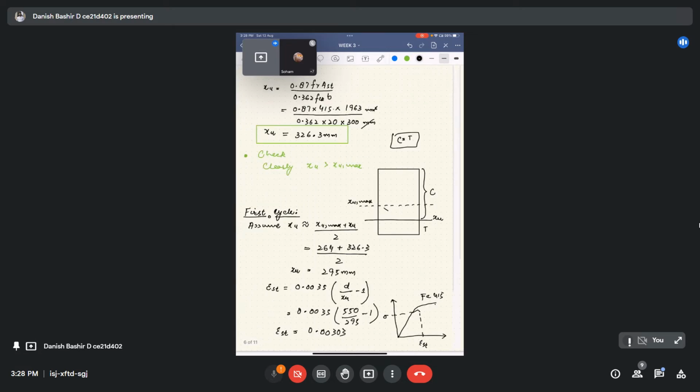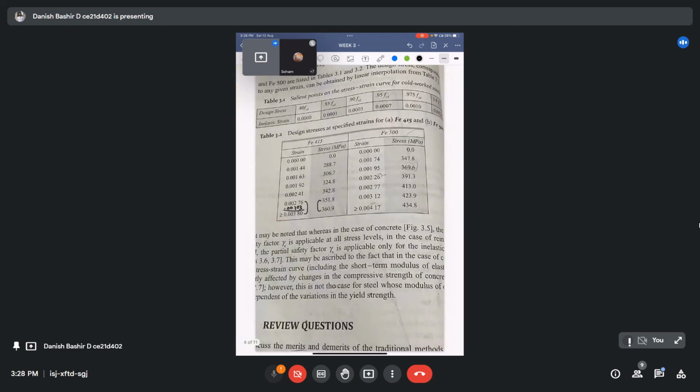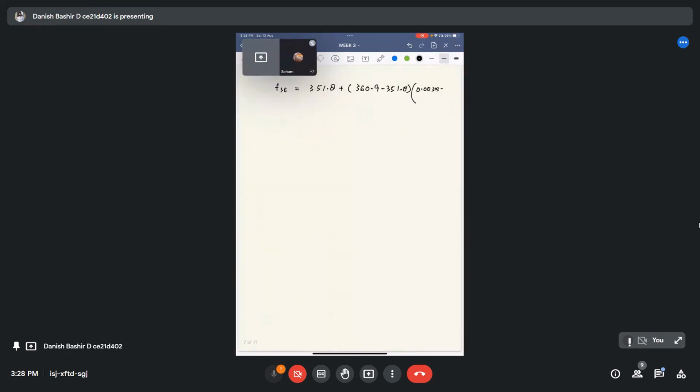We have to find it at 0.00303. We have 0.00303 minus, it is subtraction of the first value, 0.00276, divided by, it is a final value 0.00308 minus the same value 0.00276.